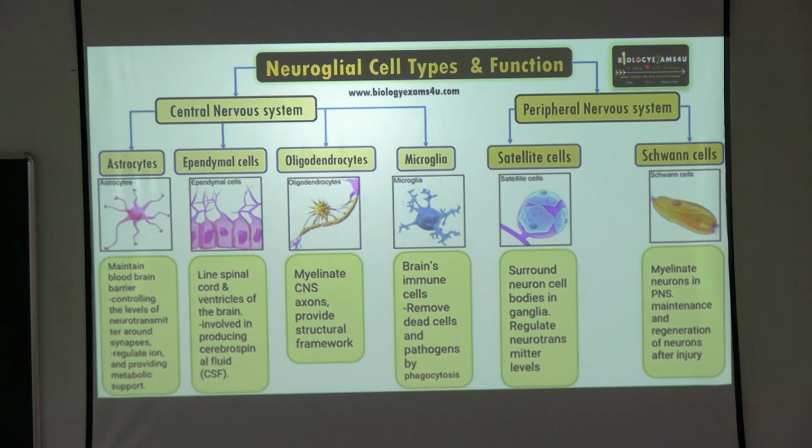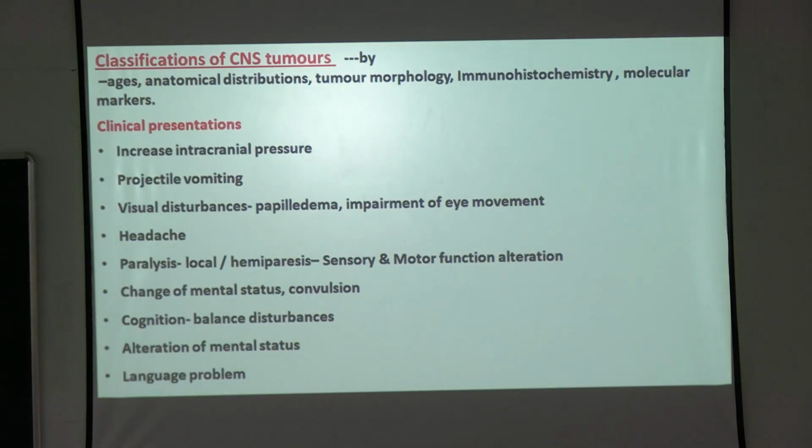These are the cells that compose the CNS, and some supporting cells are the Schwann cells and the stellate cells. So according to the cell of origin, we can classify the tumor accordingly, depending upon the age of the patient, the cells of origin, the anatomical sites and the grading of the tumor.